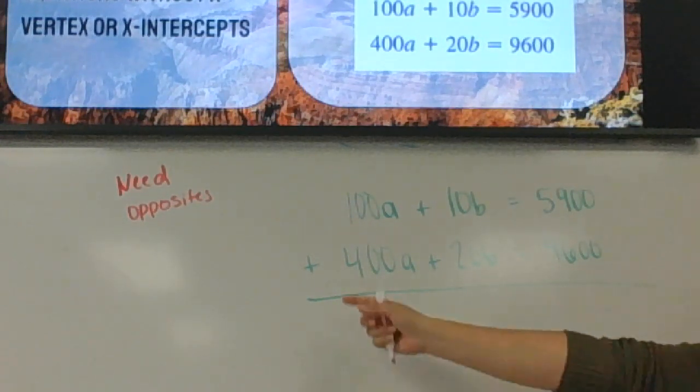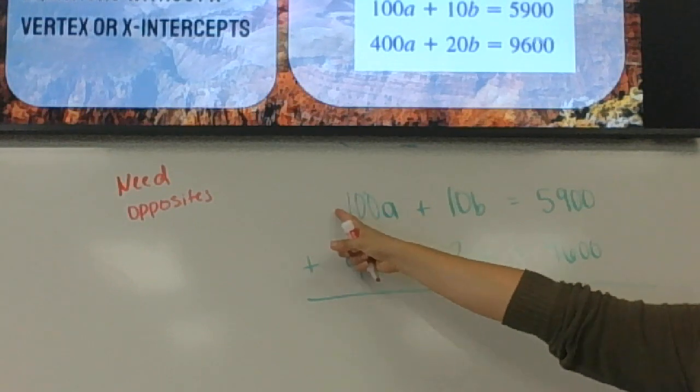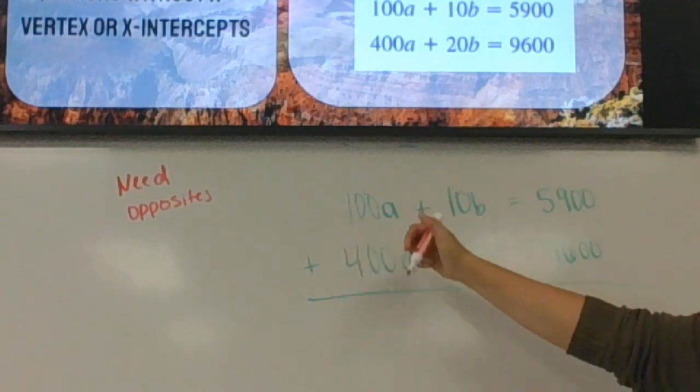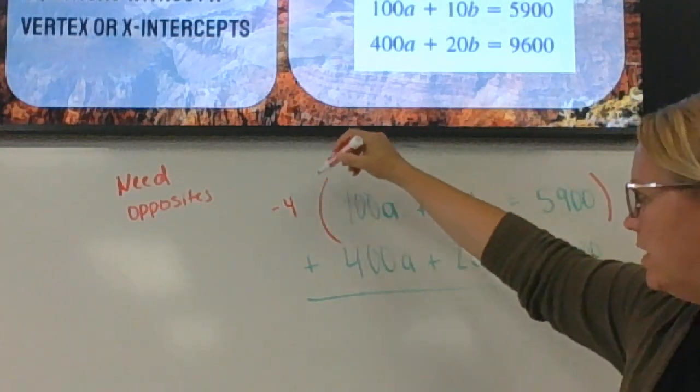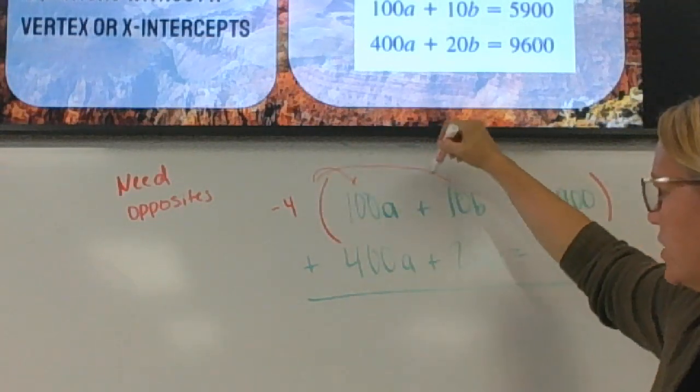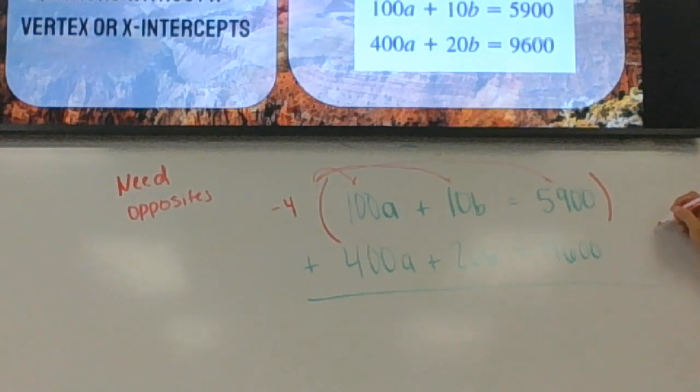So I'm going to multiply the top by negative 4, and that'll give opposite A values. I'm going to distribute negative 4 just into the top. We're doing a lot of these numbers today.